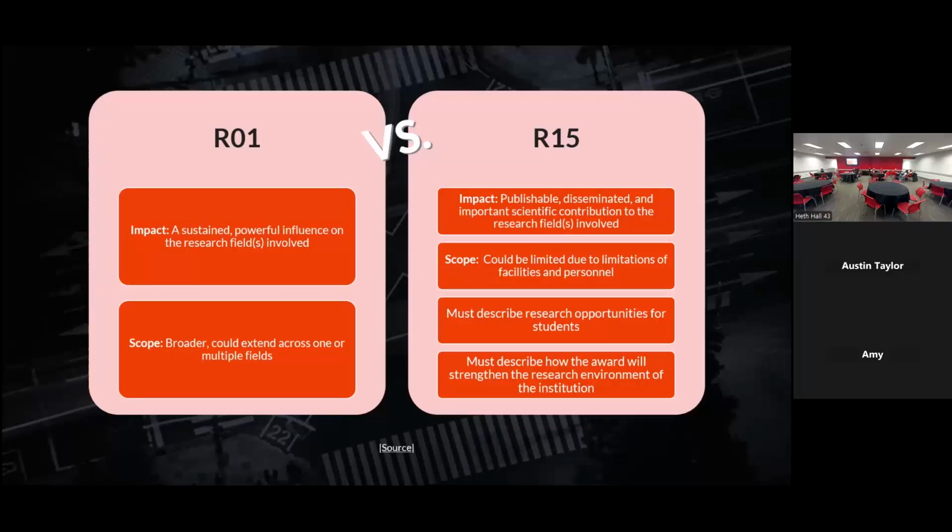So all these things are what's being looked for during the R15 conversation. And it's a lot different than the R01, which is a larger pocket of money, a broader scope. They want to see sustained impact, and that's because they're expecting individuals that are already well established in research to pursue R01. So that's the primary differences.